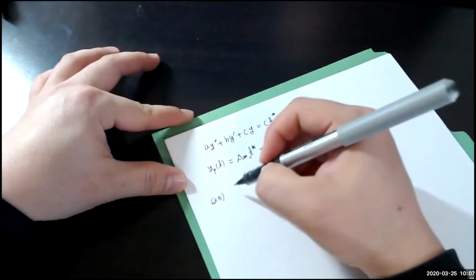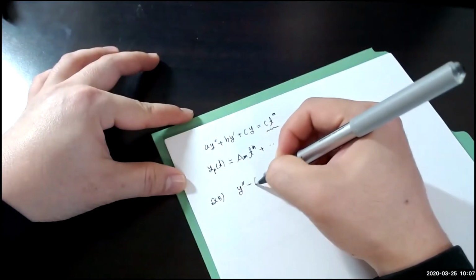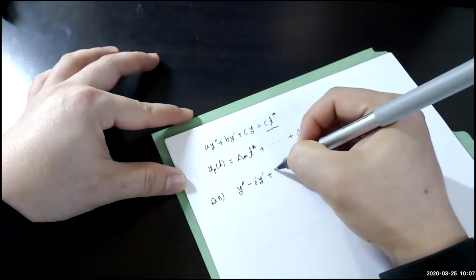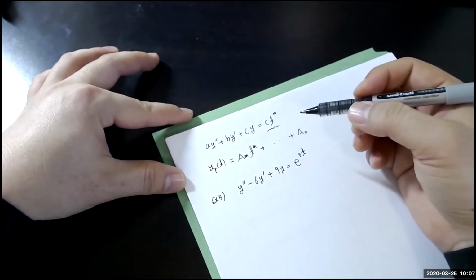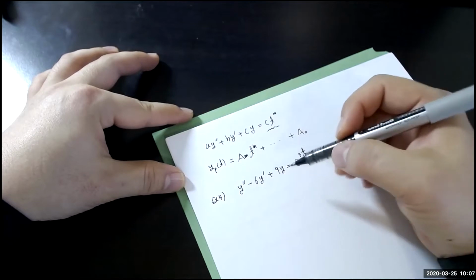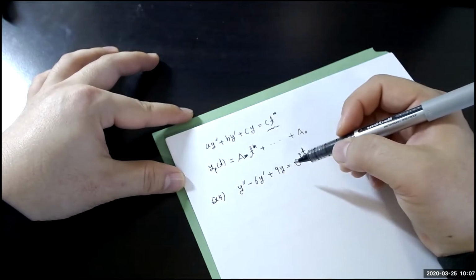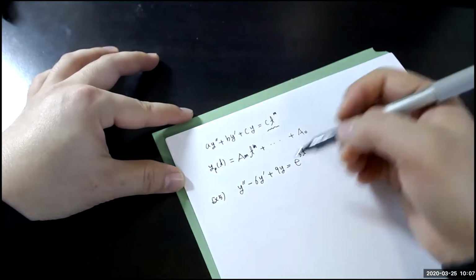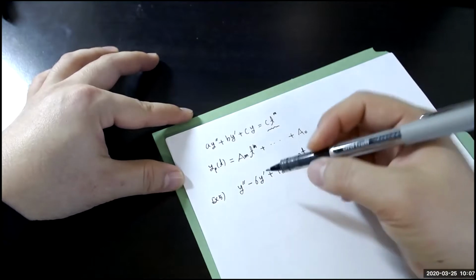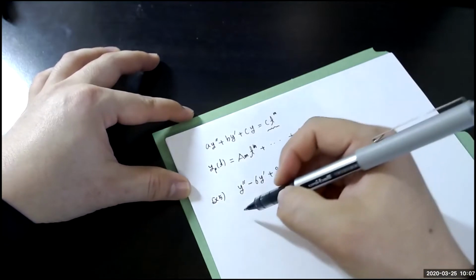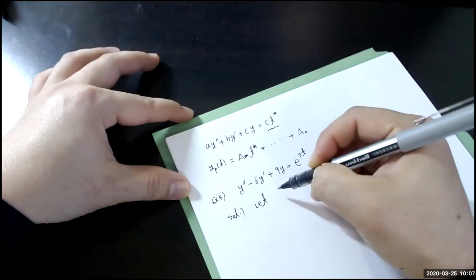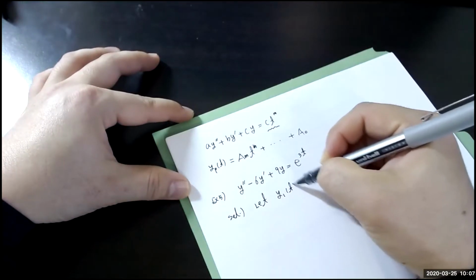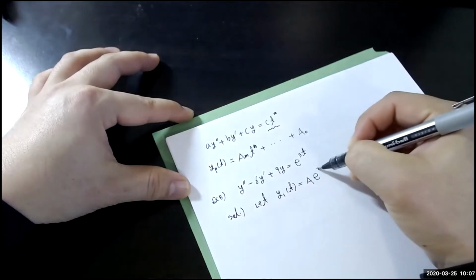So, y second derivative minus 6y prime plus 9y is equal to e to the 3t. I did solve this problem in a previous video lecture. We just guessed that the solution y1 of t is equal to a times e to the 3t.